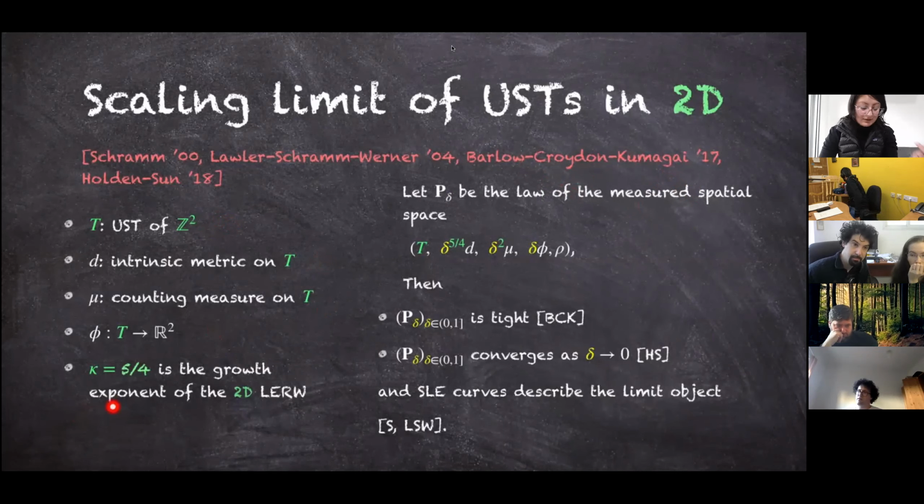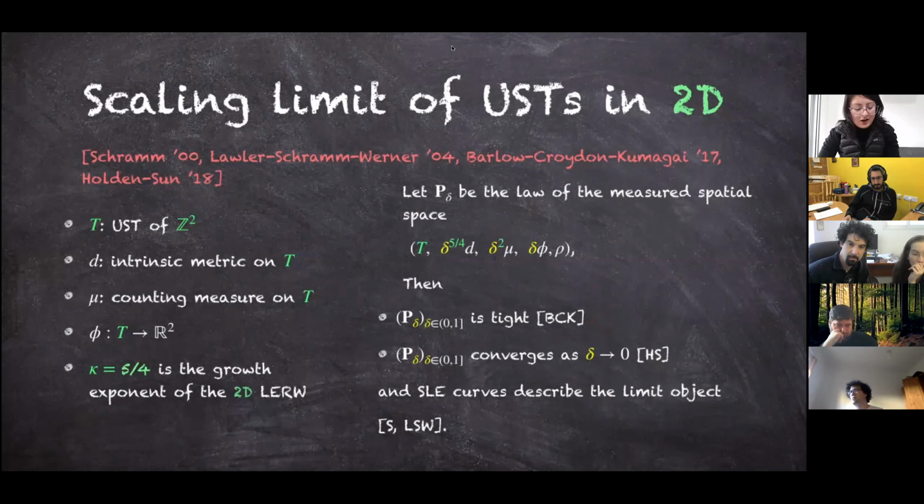And kappa, we know from the work of Kenyon that it has value 5/4. And this is the growth exponent for the two-dimensional loop-erased random walk. So when I consider these scalings of the uniform spanning tree, the law is tight.